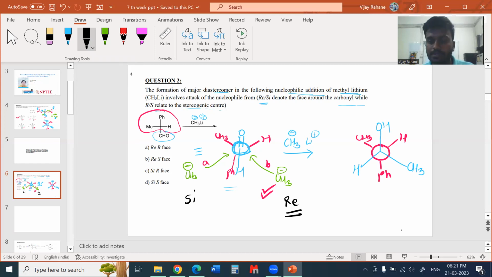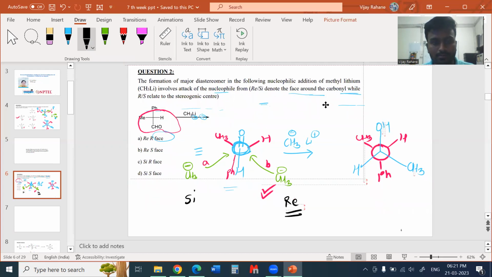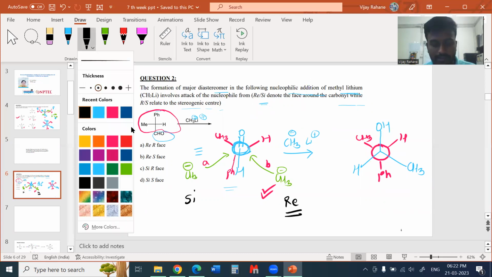So for configuration, we need to draw this. We need to convert this structure into the normal structure, so that we can give the nomenclature, right? So I will write the structure in expanded form.